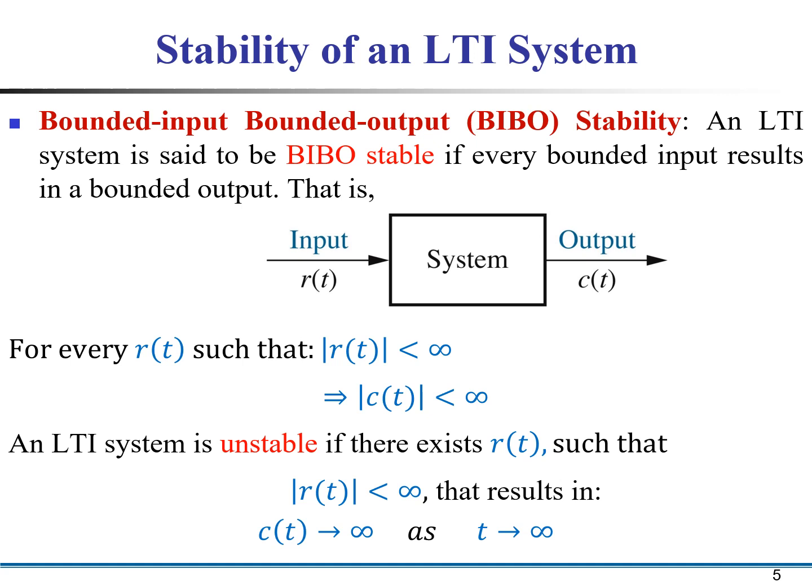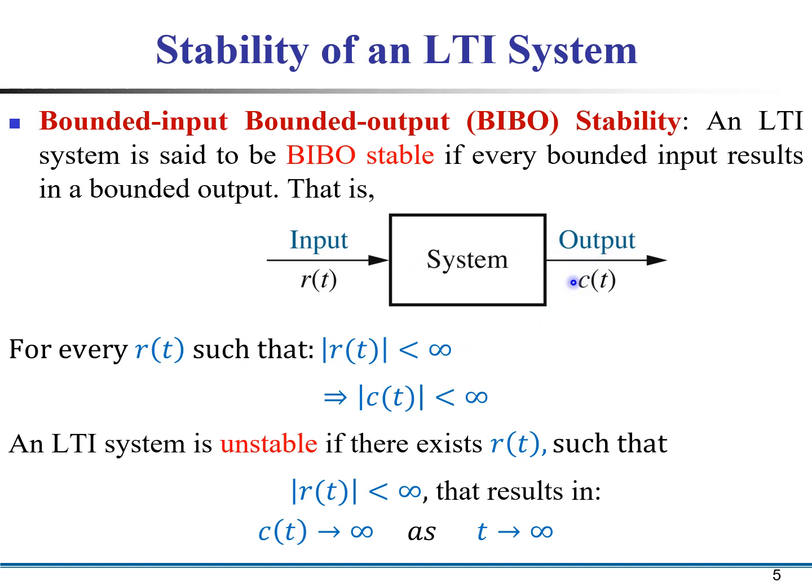The reference input is bounded and the system output is also bounded. The meaning is that the absolute value of r(t) is less than infinity, and the absolute value of c(t) is also less than infinity. In this case, the system will be bounded input, bounded output, stable.